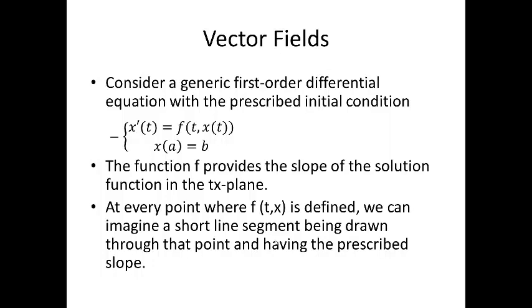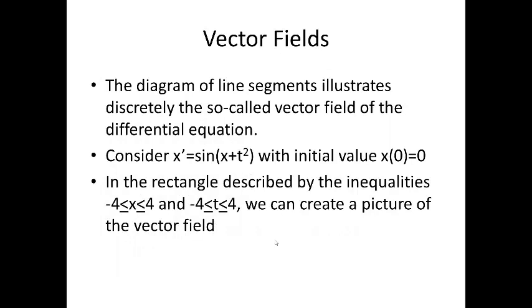We can't graph all of these short segments, but we can draw as many as we wish in the hopes of understanding how the solution function x of t traces its way through this forest of line segments while keeping the slope at every point equal to the slope of the line segment drawn at that point. So the diagrams of these line segments illustrate discretely the so-called vector field of the differential equation.